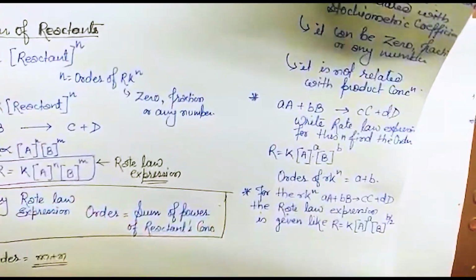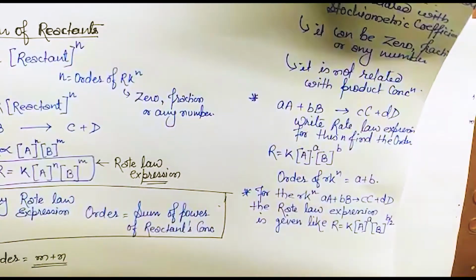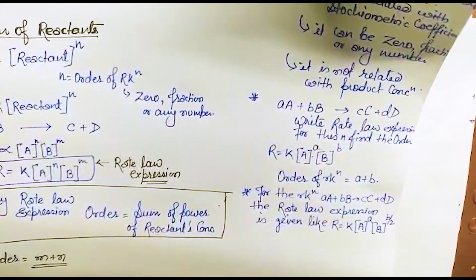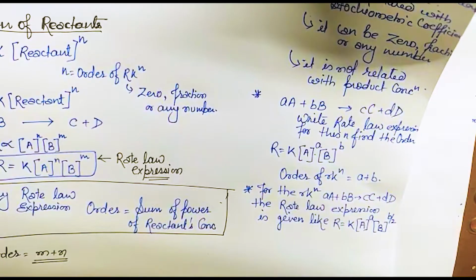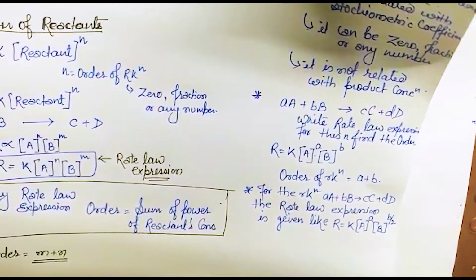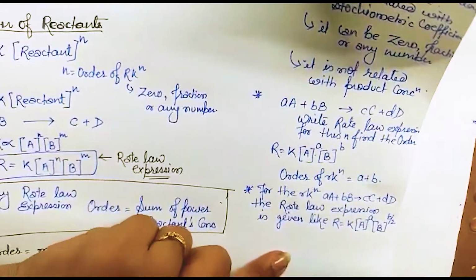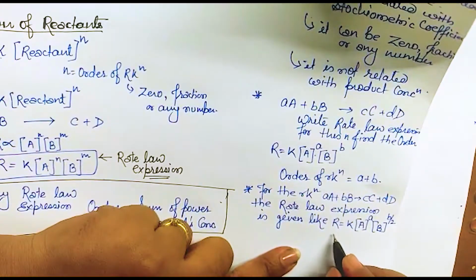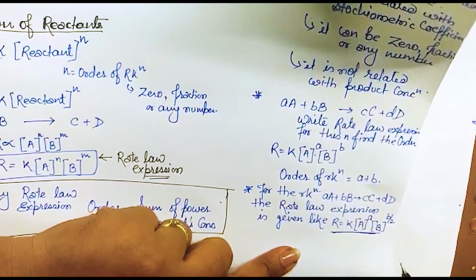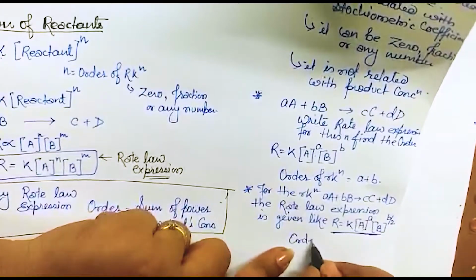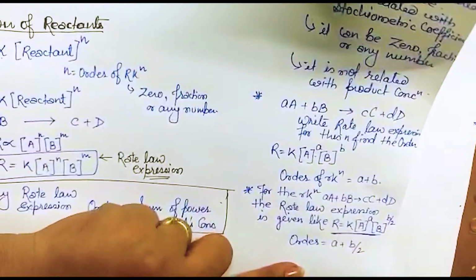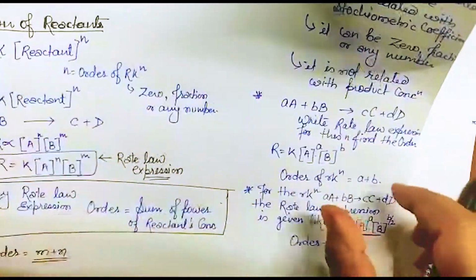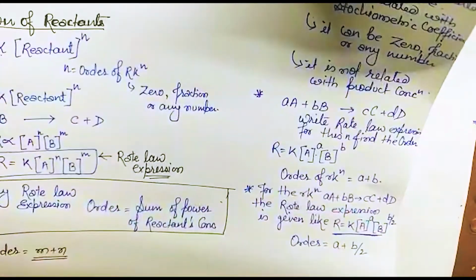Suppose that it is given. So now we don't have to check what the balanced equation is. If the rate law expression is given, we don't have to check the balanced equation. Got it? Will you understand? So in this case, we just have to check the rate law expression, and here the order will be a plus b by 2, which is not exactly equal to the stoichiometric coefficient. So got it what I said?